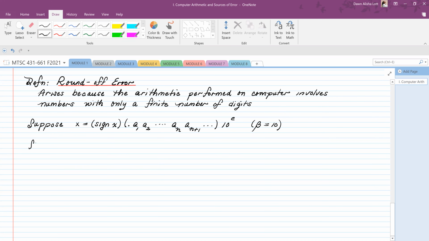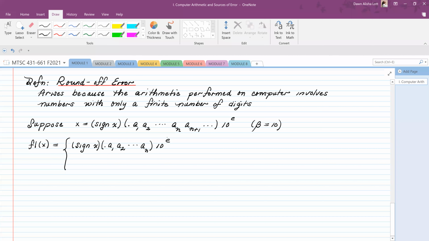So it's going to do a floating point of x. We're going to do one of two things. It's going to take the sign of x times a1, a2, all the way up to an times 10 to the e.